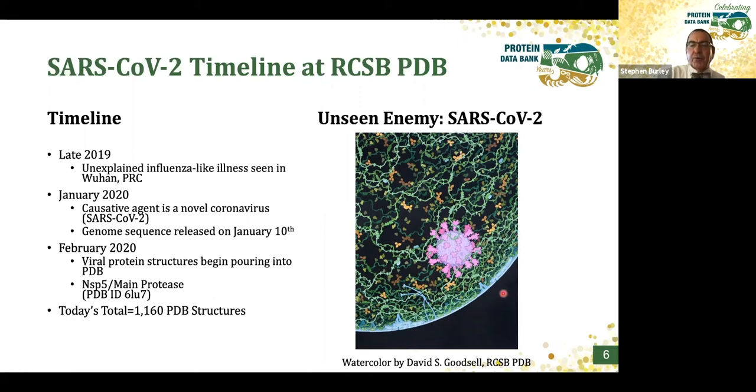This is the border of the droplet. This is air. This is water. Here's David's rendition of the virus, and it's in this droplet that would be coughed up by somebody who's infected with the virus. And it's this droplet which is the unseen enemy.